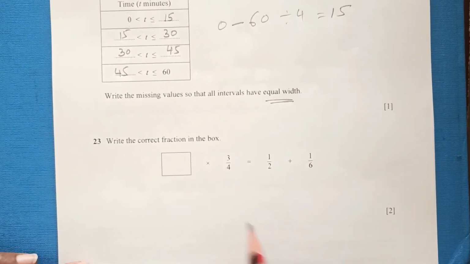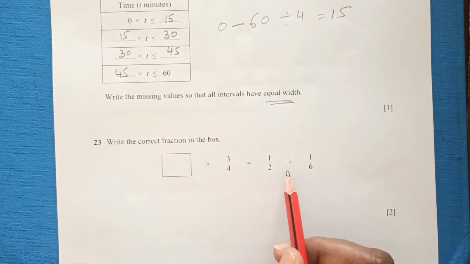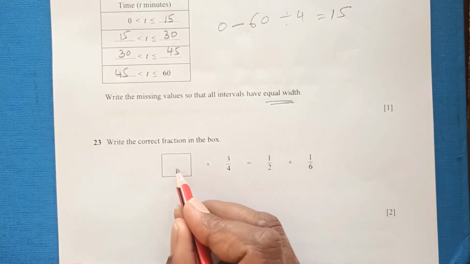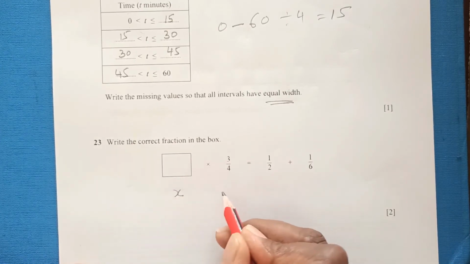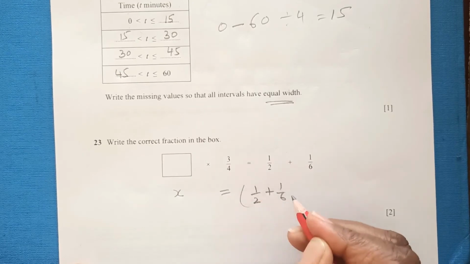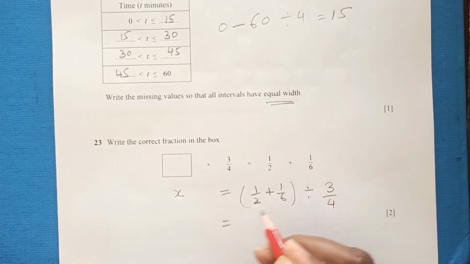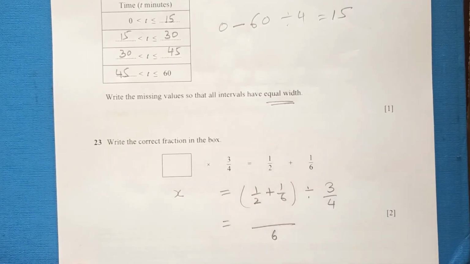Now question 23, we have to fill this gap. Times 3 over 4 equals this. So to fill this gap, let's say this is x. x may be 1 over 2 plus 1 over 6, then divided by 3 over 4. Let's calculate this. The LCM is 6.